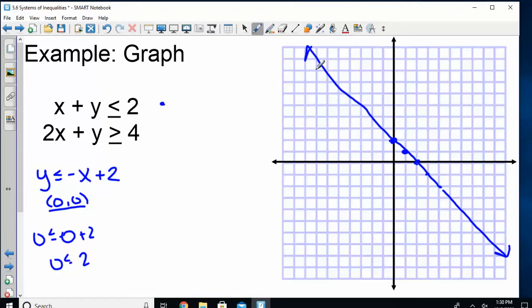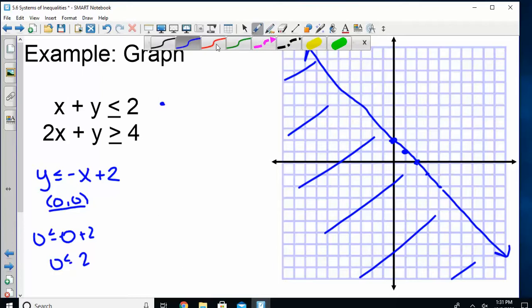Don't shade this too dark. It's not your final answer yet. But since 0, 0 works, I'm shading the side of the line that includes 0, 0. Then we do our second one.